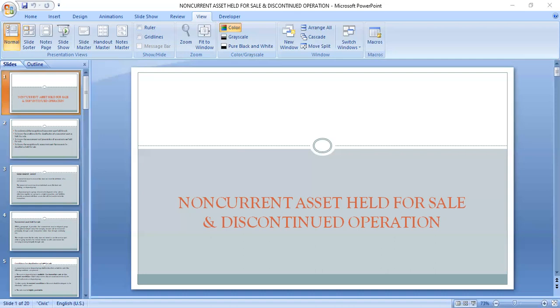In other words, the presentation of the assets and liabilities of the disposal group in the prior period is not changed. Now we have the cash flow presentation. The cash flows attributable to operating, investing, and financing activities of the discontinued operation shall be separately presented in the statement of cash flows or disclosed.